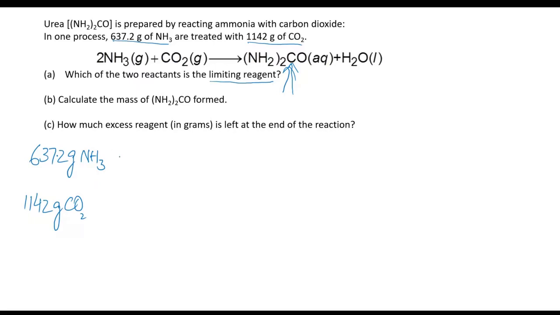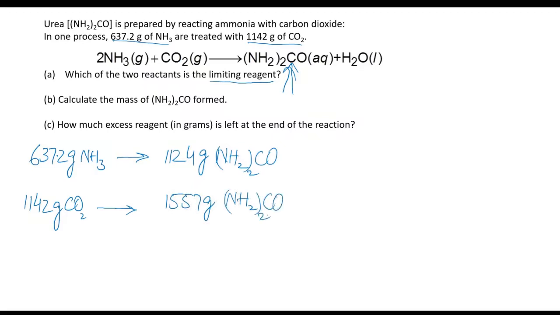Now, when you calculate from ammonia, your answer is 1124 gram of urea by using the 5 steps. When you use carbon dioxide, your answer is 1557 gram of urea. Now, which answer is smaller?